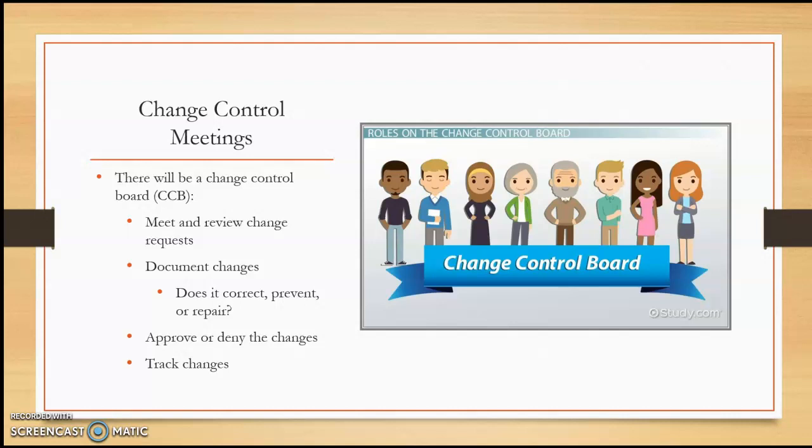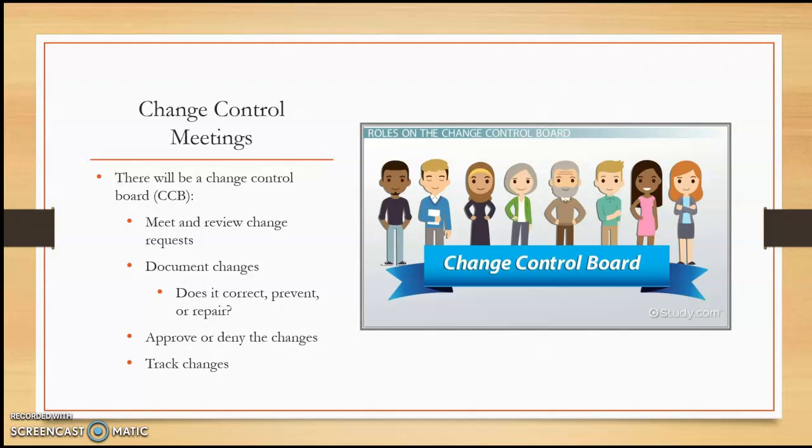A submission should either correct something, prevent something, or repair something in the system. So when approving or denying the changes, if they do deny the changes, they should have an explanation as to why, and have the person know exactly what was wrong with the change or the submission and why it got denied in the first place.